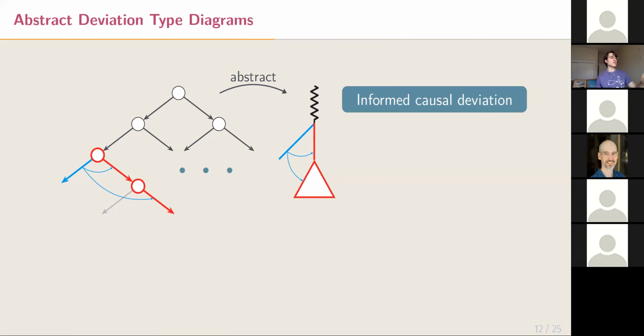And then we have this trigger action in cyan, and that changes the strategy to some deviation action in red. And this triangle just represents an entire strategy that follows the action, and that as well is conditioned on this trigger action. All right. Great. Okay, so we're going to make a lot of use of that.